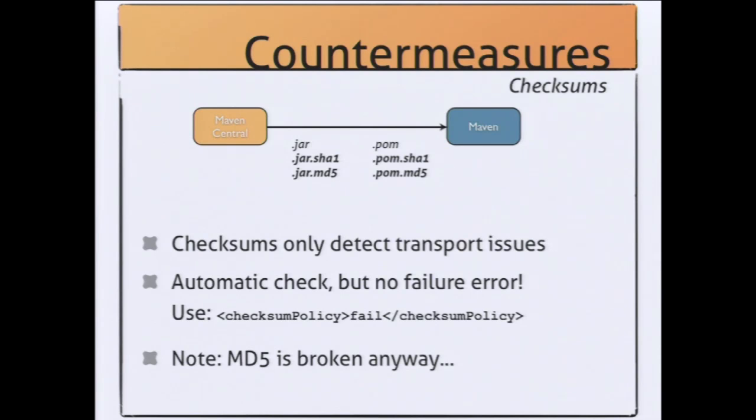So while checksums are very useful for detecting any transport glitches, download glitches, it doesn't really help us to check the integrity and the authenticity of the actual artifact that we downloaded. So it's an automatic check that really adds some value, but not the value that we're looking for here.